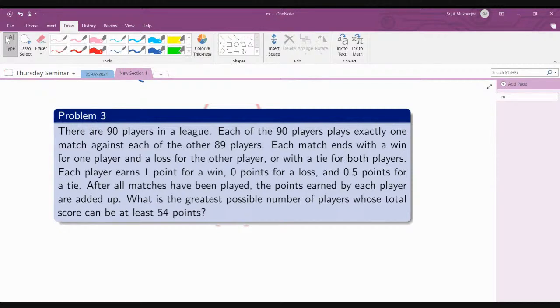Suppose there are 4 players, and each player plays against the others. It's like n choose 2. We are taking 2 players, and how many such pairs are there?